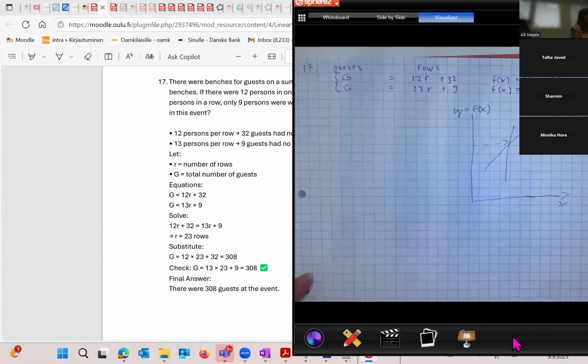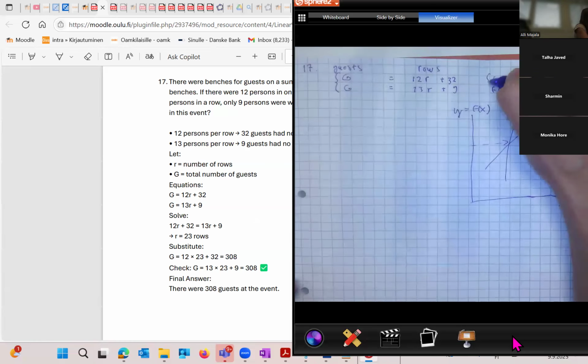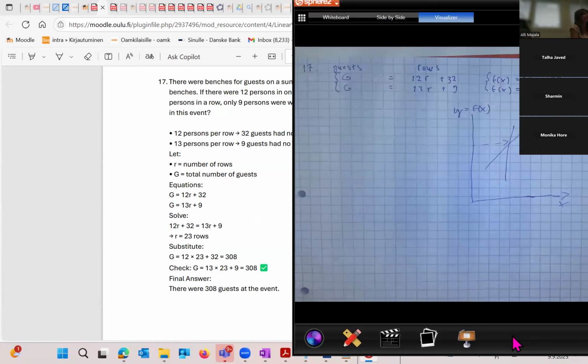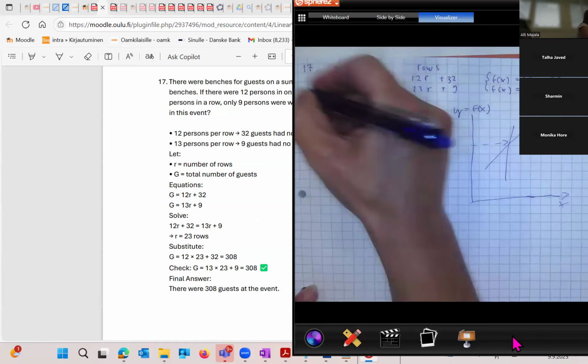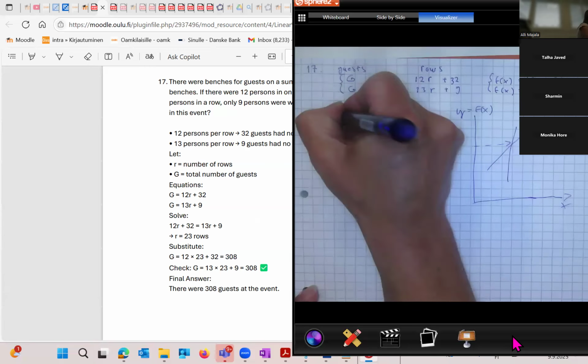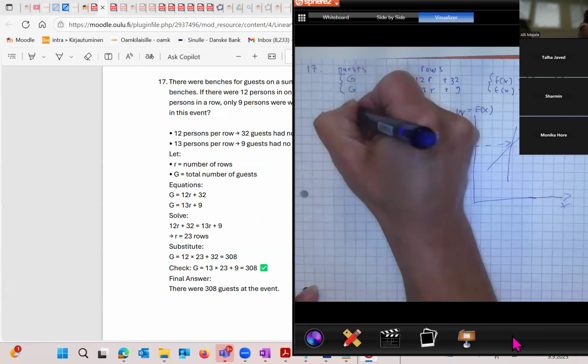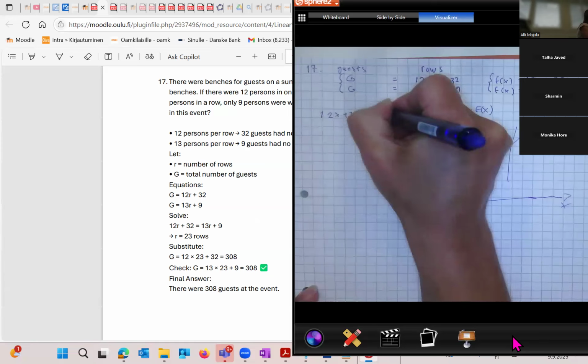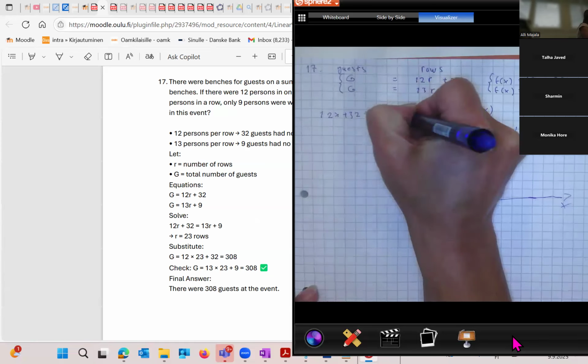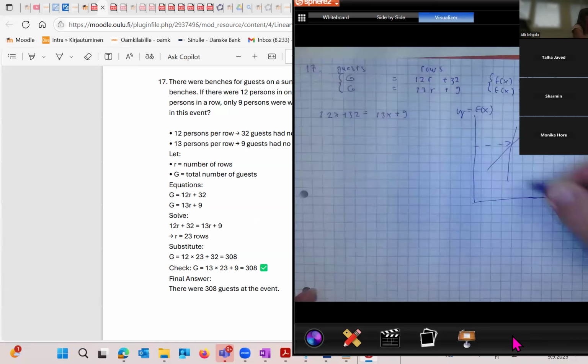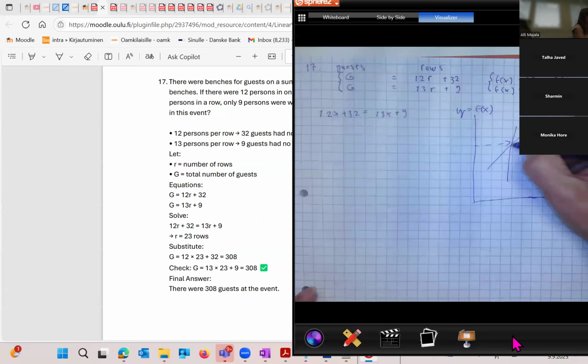So this is what you're aiming for. Now you already know this, so you can just mark that 12x plus 32 is 13x plus 9, because of course the x value is also the same in the crossing point.